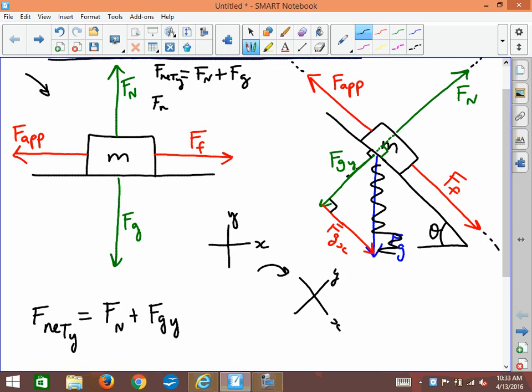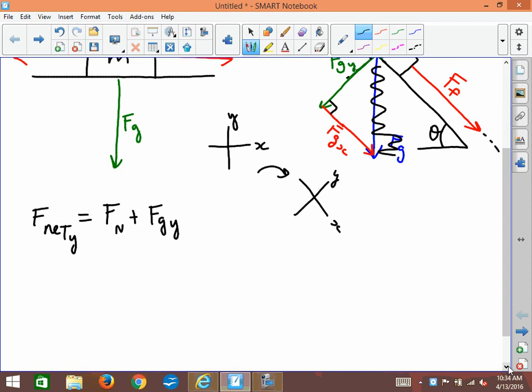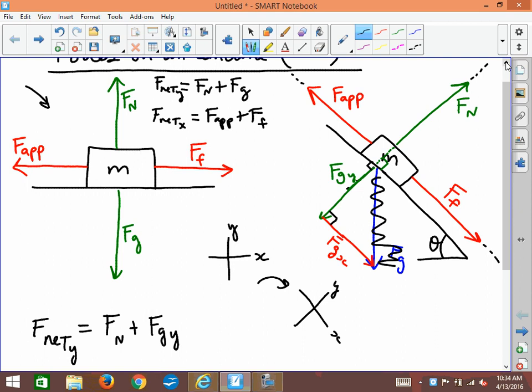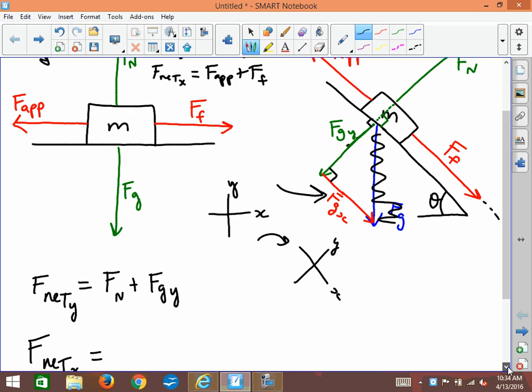And if we look at F net x, here it was the force applied and the force of friction that were involved. And we'll see that if we have F net x written now, we actually have an additional arrow to include. We still have the force applied and the force of friction, but now we also have this additional Fgx component.